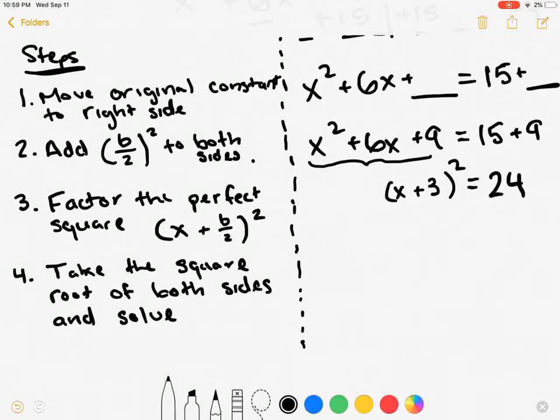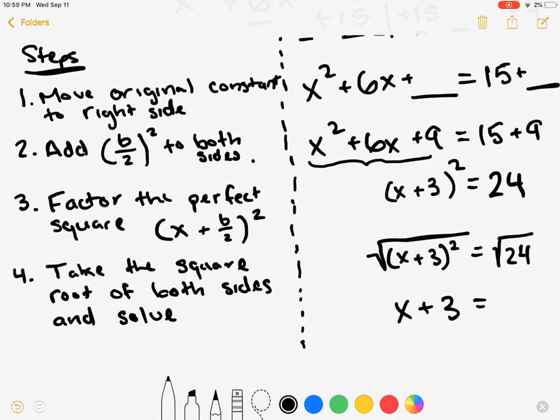So we can get rid of that exponent just by taking the square root. So if we took the square root of the left side, we need to take the square root of the right side of the equation as well. That's our golden rule. When you do that, remember, since it's an inverse, it simply eliminates your squared term on the left. It eliminates your exponent. And you're left with x plus 3, and that's equal to the square root of 24.